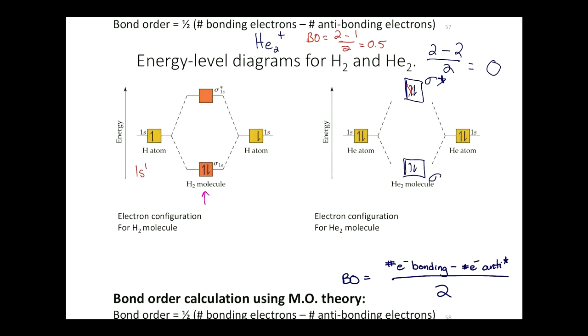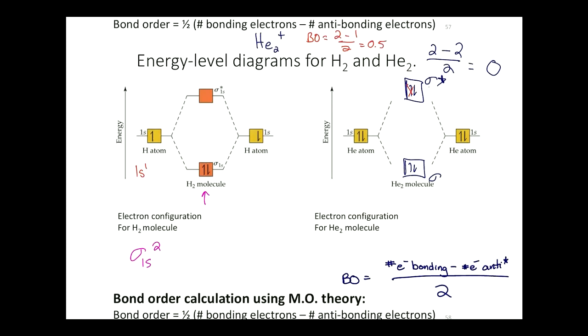So for hydrogen, the electrons in the molecule are in a sigma 1s orbital. There are 2 electrons in it, and that would be it. There are no electrons in the stars, so you don't have to write anything. And this is a nice way to calculate bond order easily if you have the whole electron configuration written out.